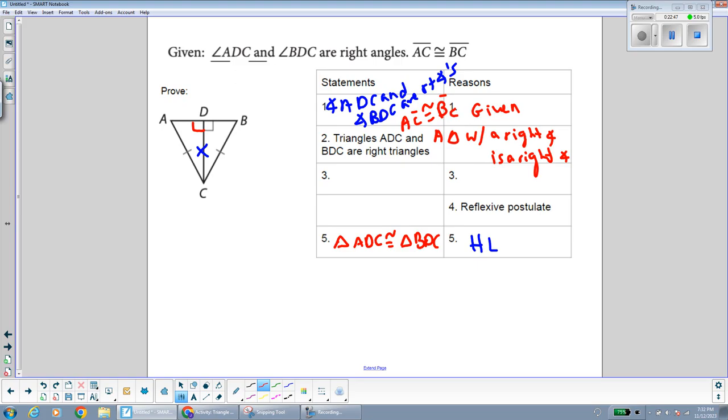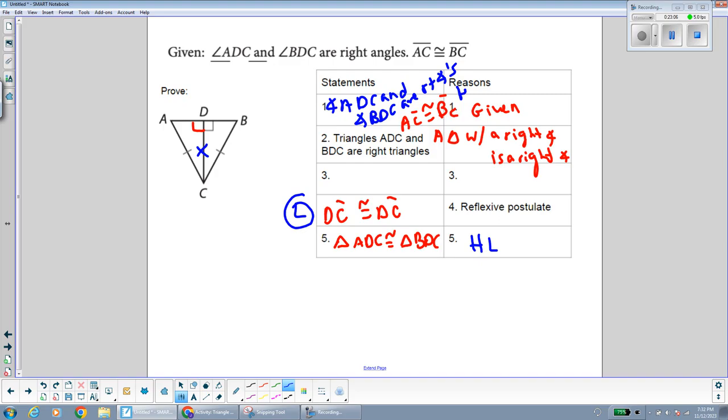Okay, now we need the rest of the information that we need for HL. So I see a reflexive postulate here. So that is DC congruent to DC. So that's the leg that we're using.